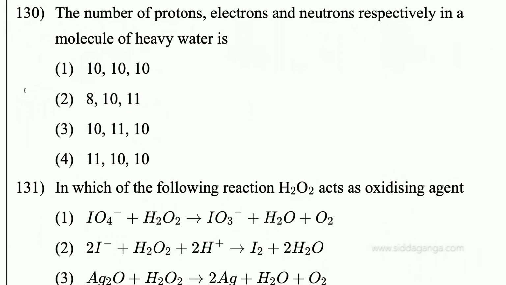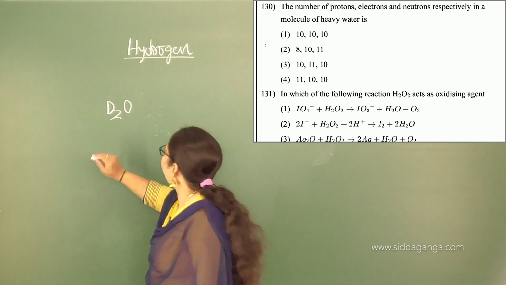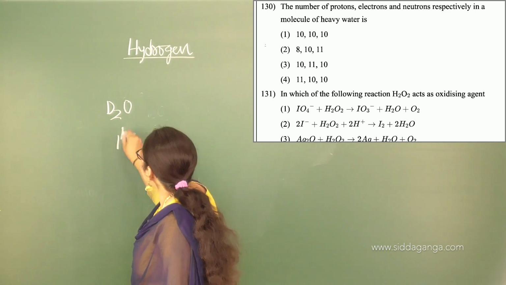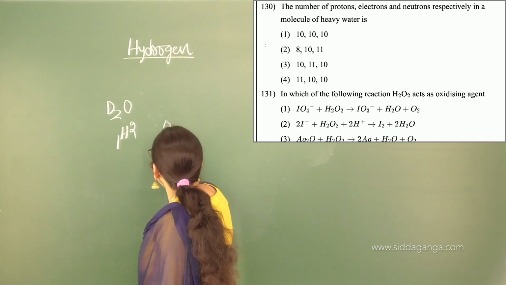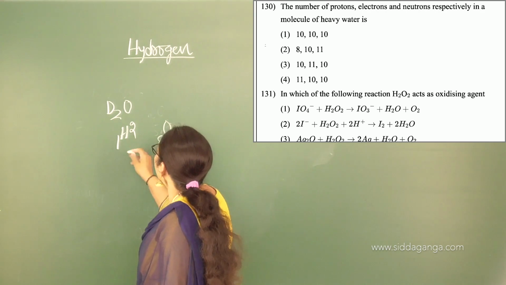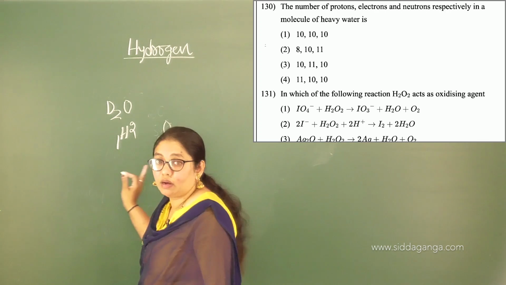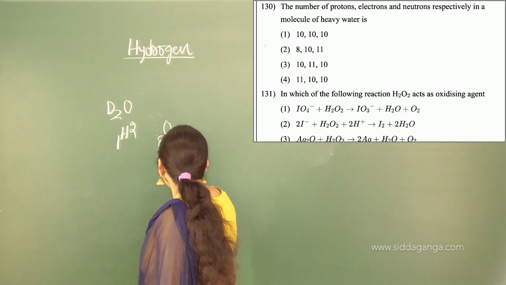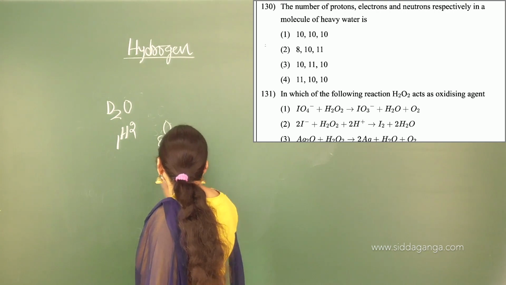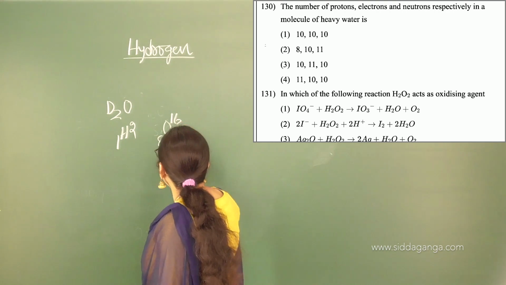Okay, the number of protons, electrons and neutrons respectively in a molecule of heavy water. It is again a simple question. Heavy water means D2O. Deuterium is represented as 1H2. Atomic number of oxygen is 8, so oxygen has 8 protons, 8 electrons and 8 neutrons, because 16 minus 8 is 8.